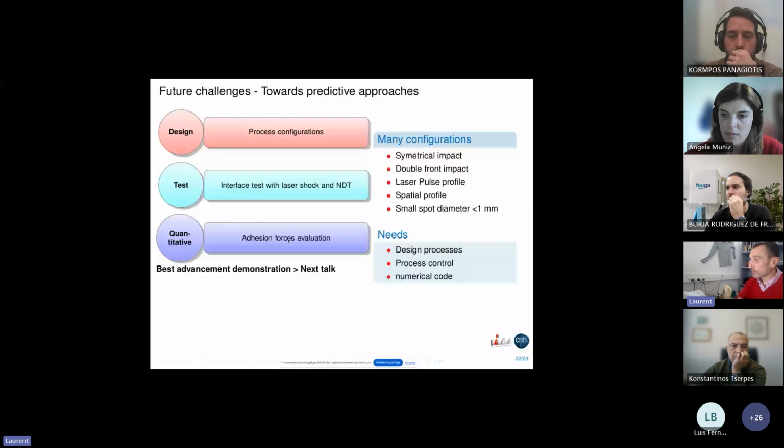So we need future numerical codes for the design of the process, and for process control, to ensure that there is no damage and no impact inside the dismantled materials, and to analyze online or at the end of the process whether we can use the materials for new applications.